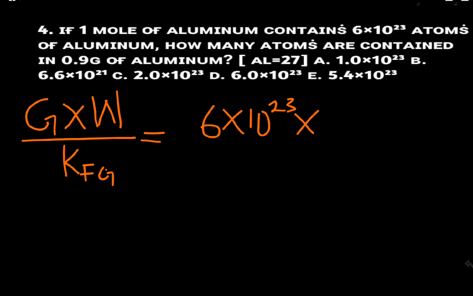So what is given is 6 times 10 to the power of 23 atoms. What we want is 0.9 grams, then over what do we know from what is given.